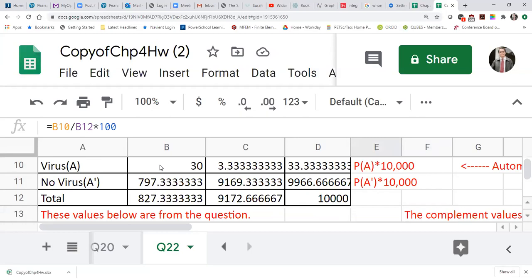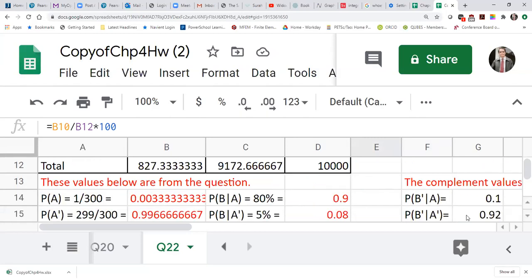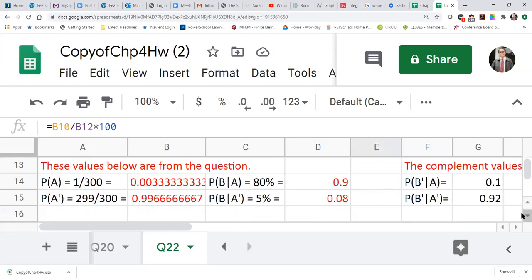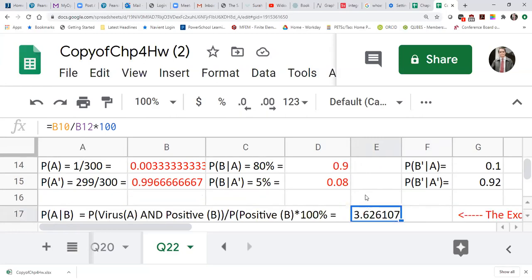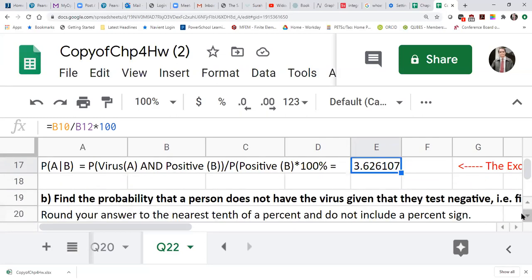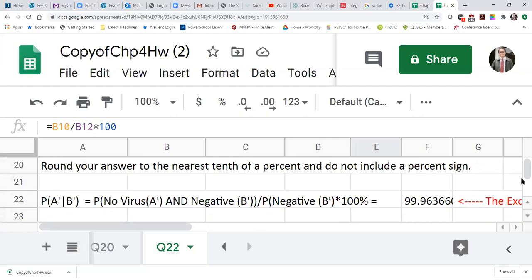So the answer will be this one here, 3.6. And the answer for the B is this one.